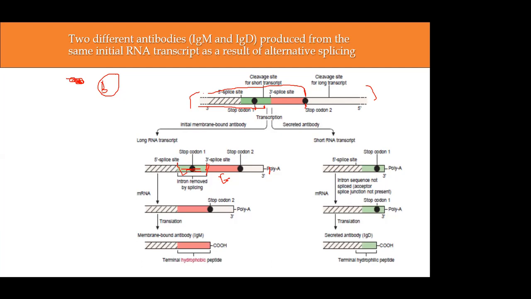We did not complete; we did not go to this side. We just have this small part. This is an intron here that should be spliced out, right? But the transcription ended before the splicing site, as you can see here. Let me just erase some of these things.